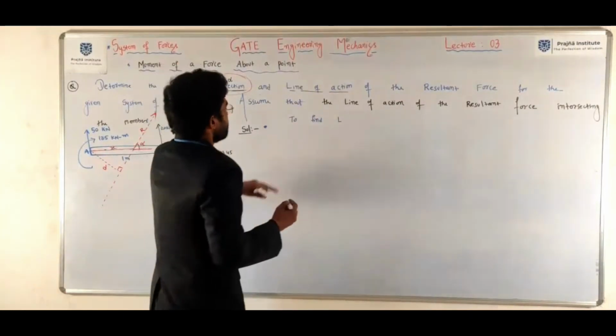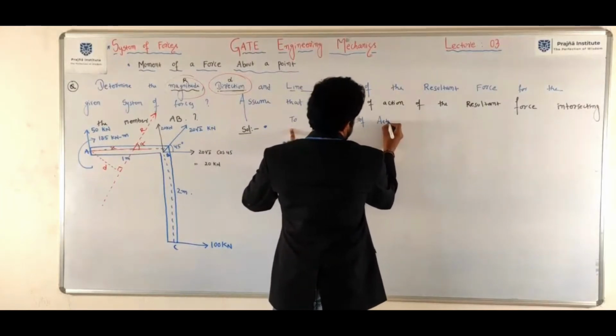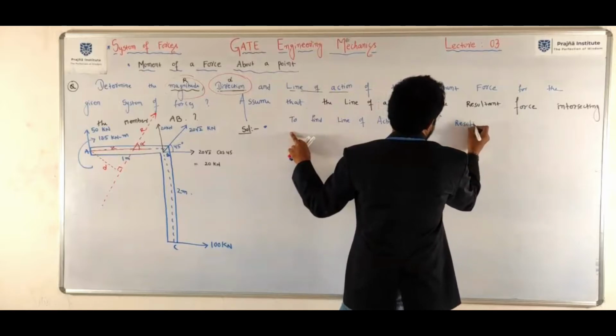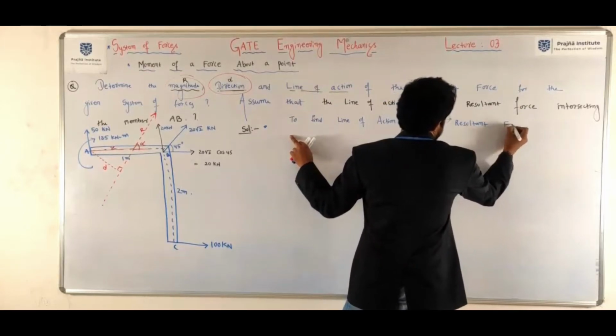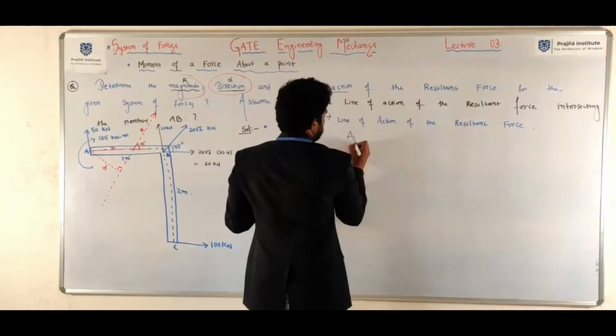Next, to find the line of action of the resultant force, apply Varignon's theorem.